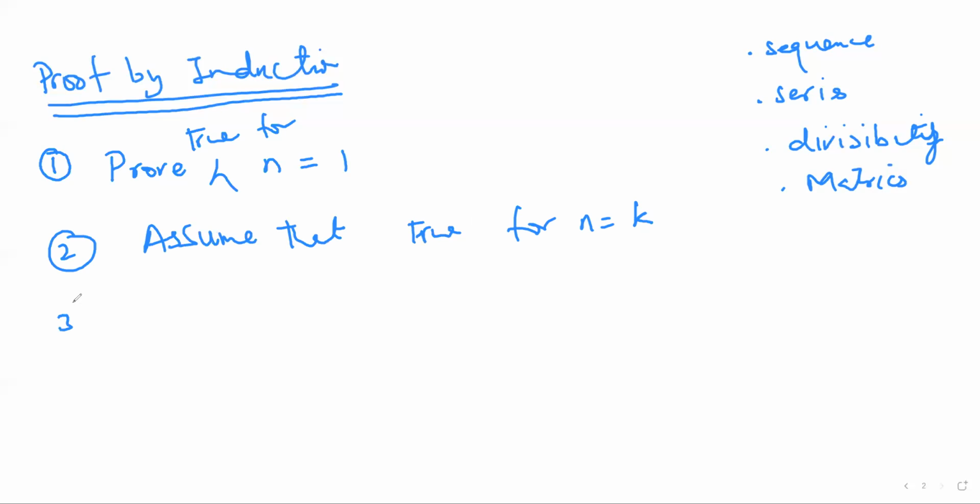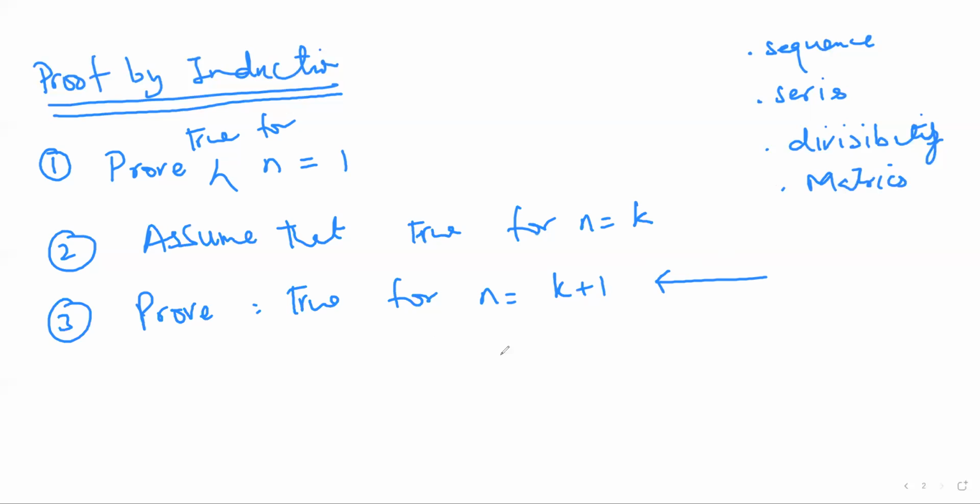And then in the third step, you will prove that the given statement is true for n equal to k plus 1. This is the main step, where you have to be very good at algebraic manipulation and all these concepts of sequences, sum of the series, divisibility and matrices.